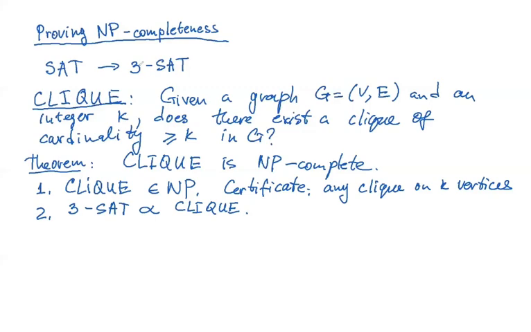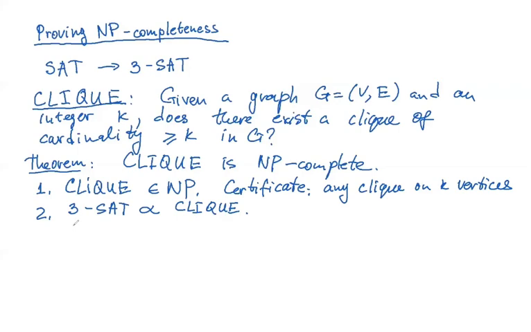The 3-SAT problem would be some satisfiability formula with exactly 3 literals per clause. For satisfiability, the input is given by variables, then we have the literals, and we have clauses, and we have a conjunction of clauses.